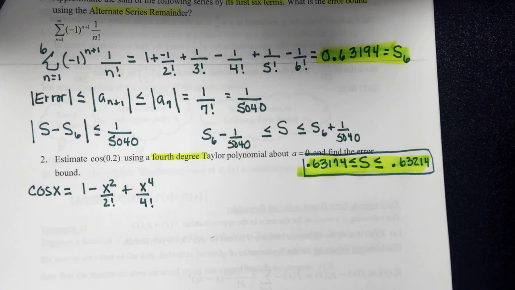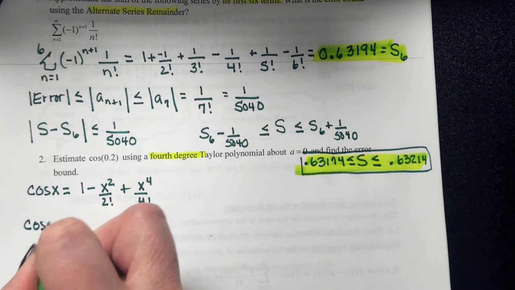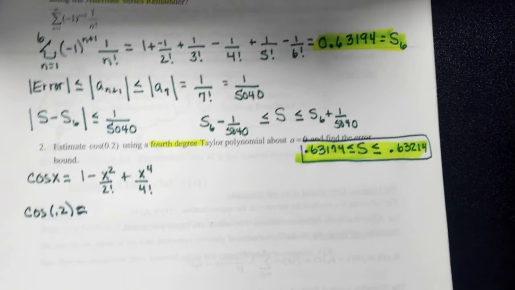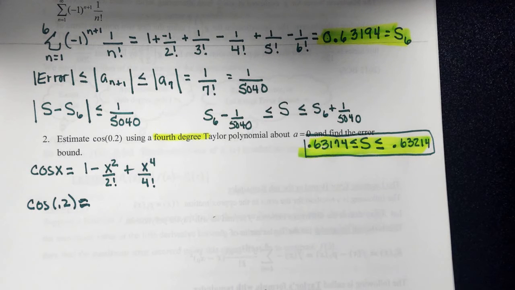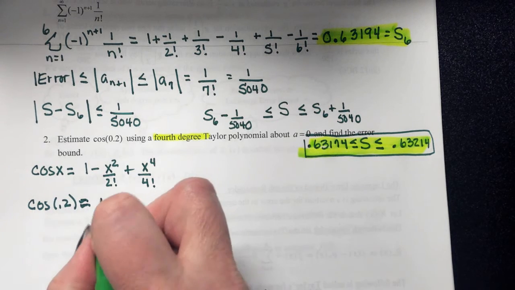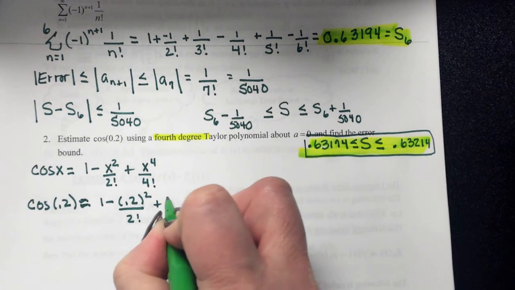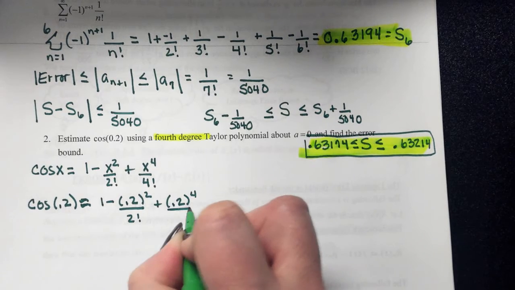So now I'm going to use this to estimate what cosine of 0.2 is equal to. Again, this is going to be an approximation. What I'm going to do is plug in 0.2 into this particular Taylor polynomial for x. So 1 minus 0.2 squared over 2 factorial plus 0.2 to the 4th over 4 factorial.